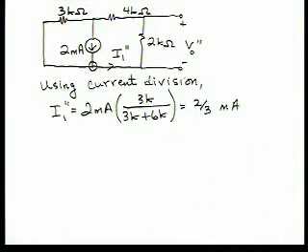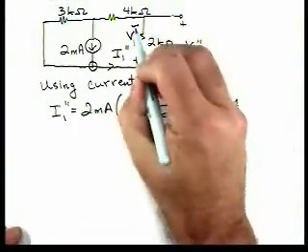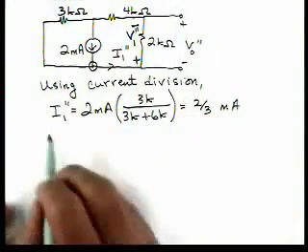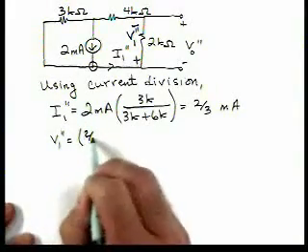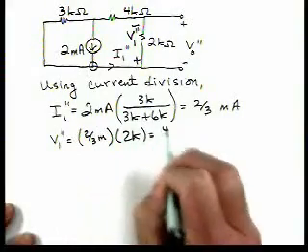Now, let's calculate the voltage. I'm going to call it V1 double prime, and I'm going to use Ohm's law in the passive sign convention. So V1 double prime is 2/3 of a milliamp times 2K, which is 4/3 of a volt.